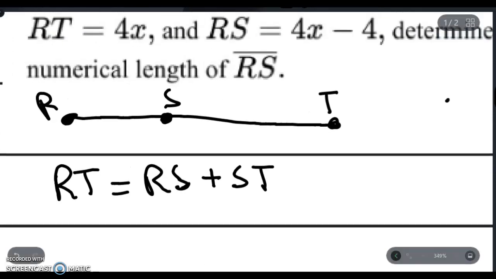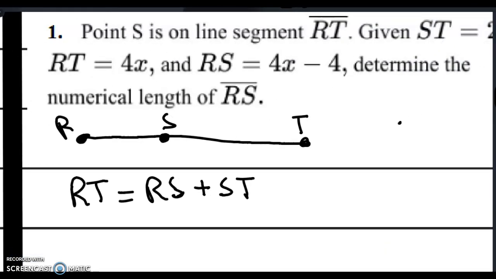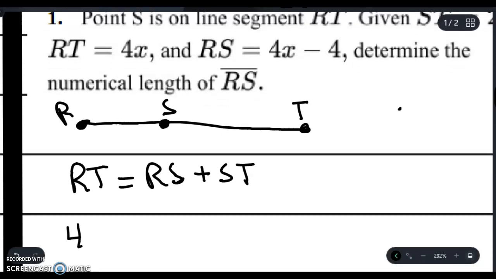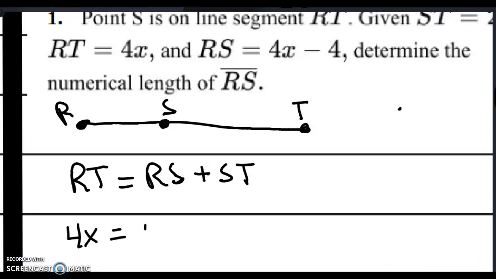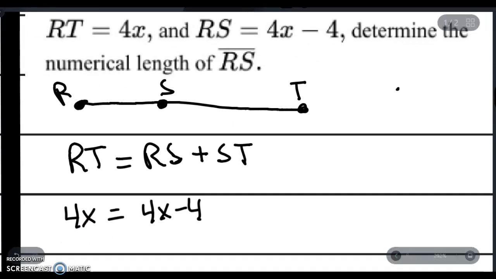And what I'm going to do is plug in each piece. RT, which is 4x, is equal to RS, which is 4x minus 4, plus ST, which is 2x.